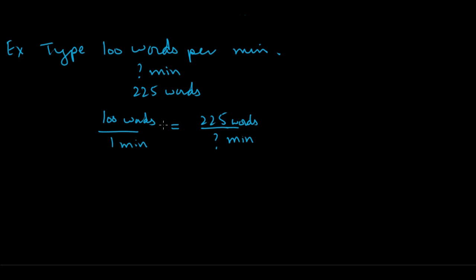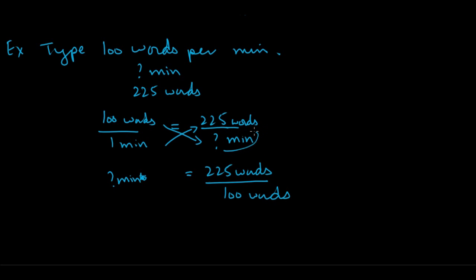Okay, cross multiply. You'll get 100 words on one side, and on the right side, you'll get 225 words over 100 words, and on the left side you'll have the number of minutes needed, because the number of minutes in the denominator will go here in the numerator.